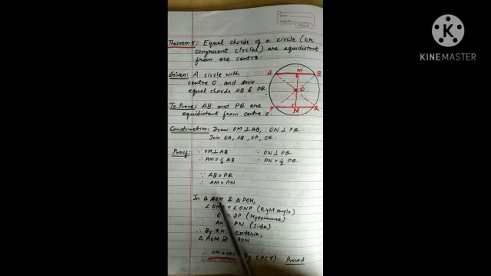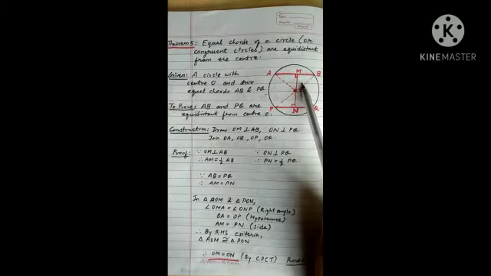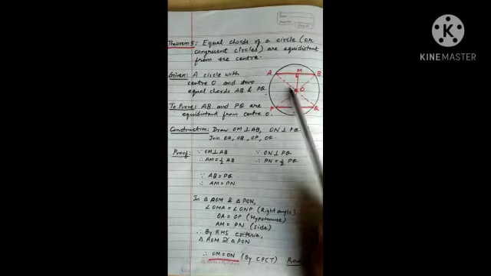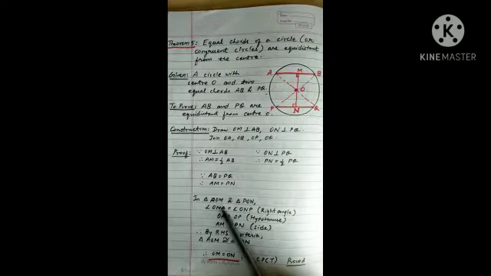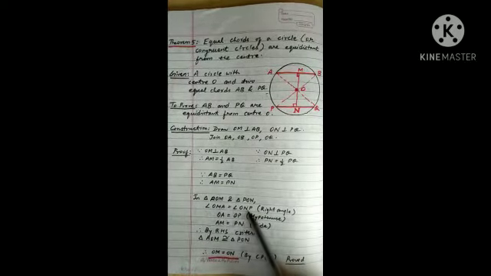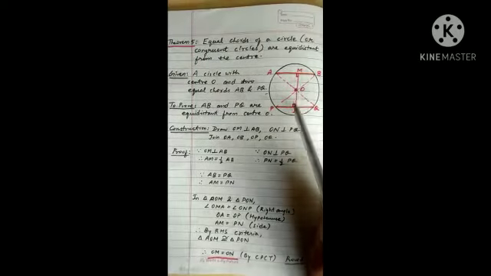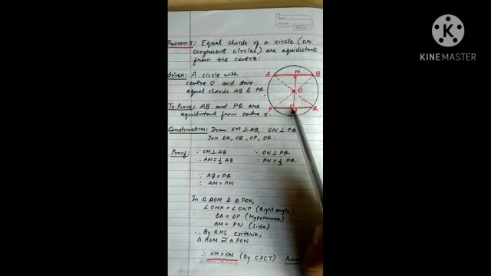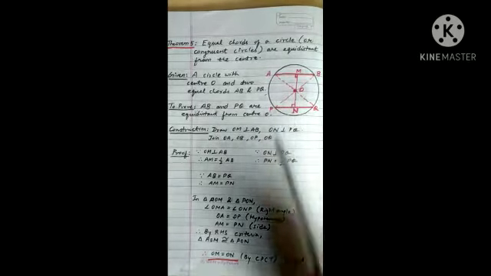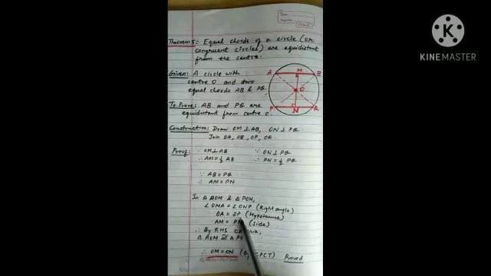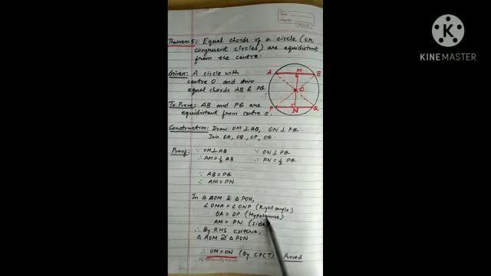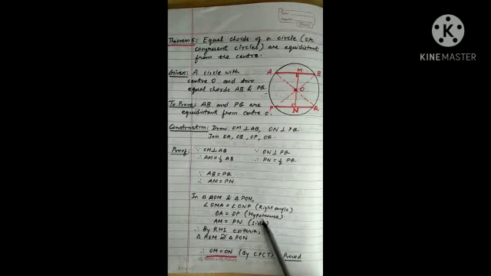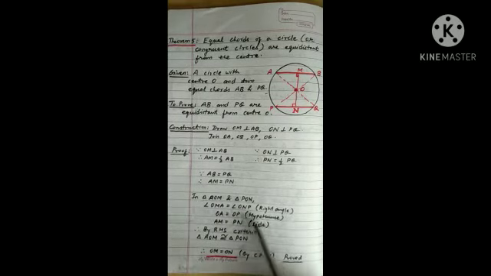Now we will take the triangles AOM and PON. In these two triangles, angle OMA equals angle ONP, each 90 degrees by construction. OA and OP are equal to each other. These two form the hypotenuse of the right angle triangles, and in the circle these two are radii.